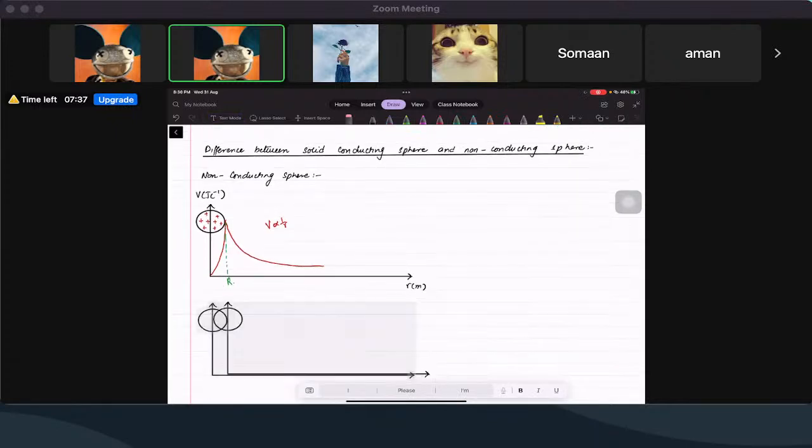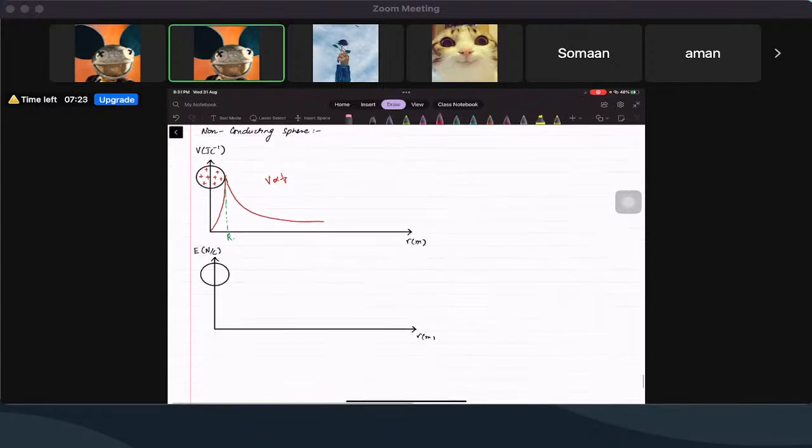Then for the electric field, the same graph for electric field strength in newton per coulomb, R in meters. How do you draw this? It would show you the same charge, evenly divided throughout the whole sphere.